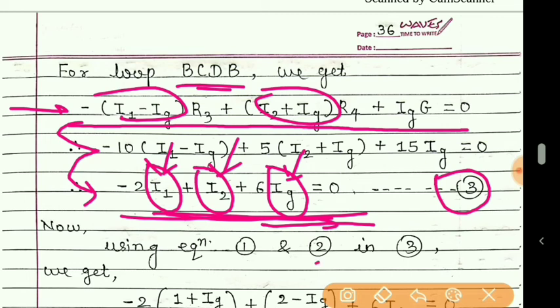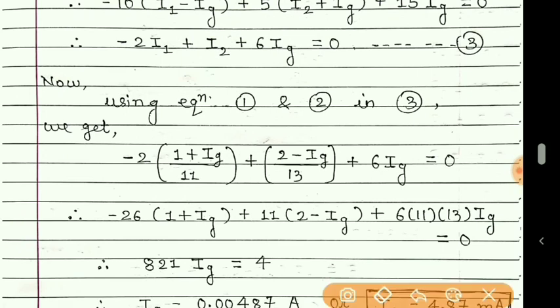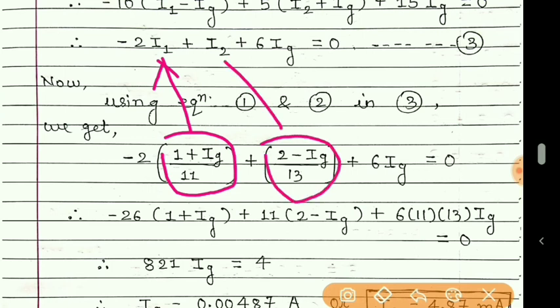So using equations 1 and 2 in 3, you can see this is the value of I1, this is the value of I2 from equations 1 and 2. Now after putting these values, the only variable remaining is Ig.